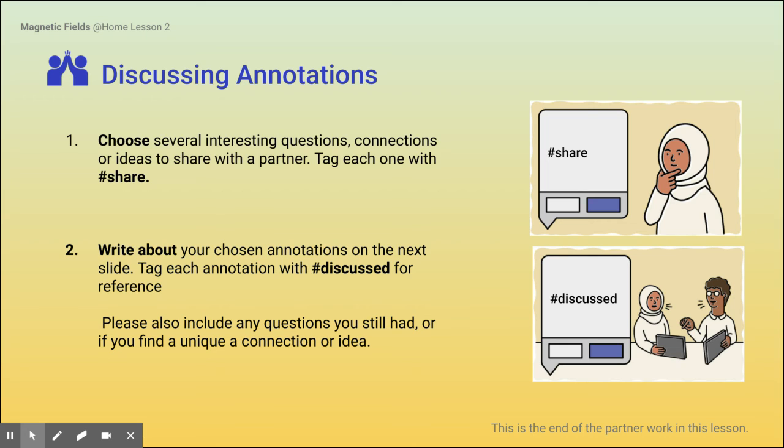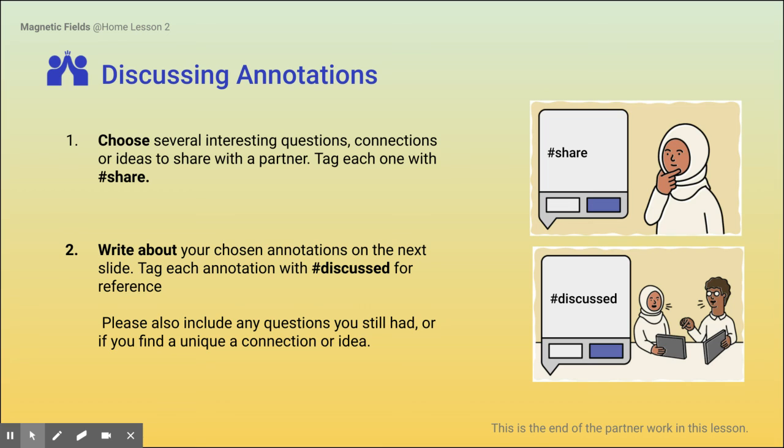So to discuss annotations, first you're going to choose several interesting questions, connections, or ideas to share with a partner, but we don't have partners. So that's what you would share with the group, and you're going to tag one with #share. So you're going to find annotations that you like. Write about your chosen annotations on the next slide.